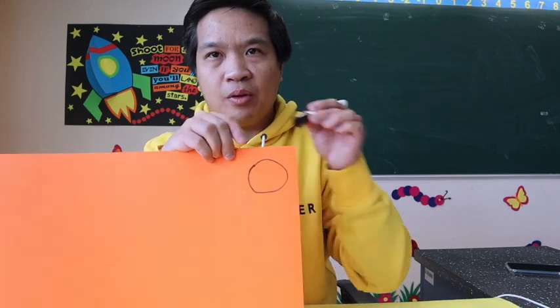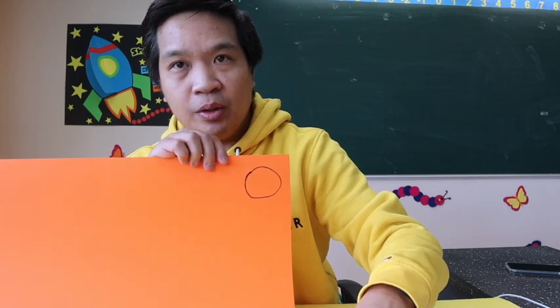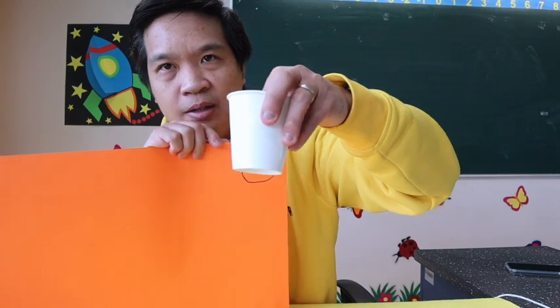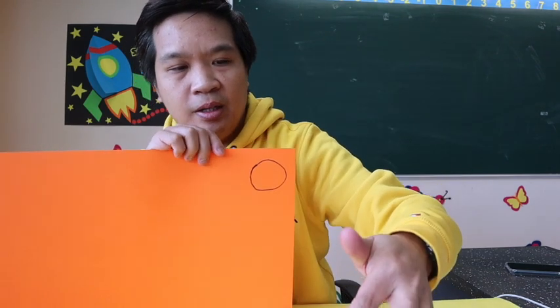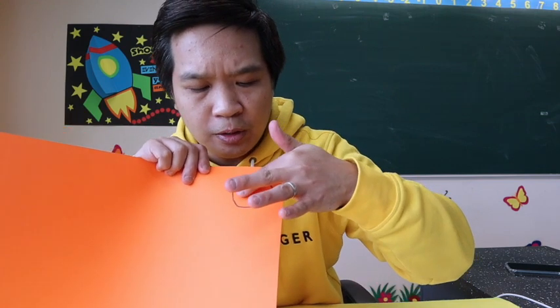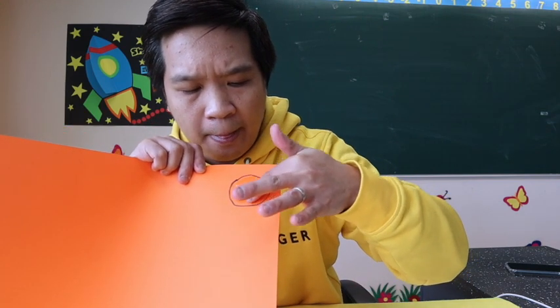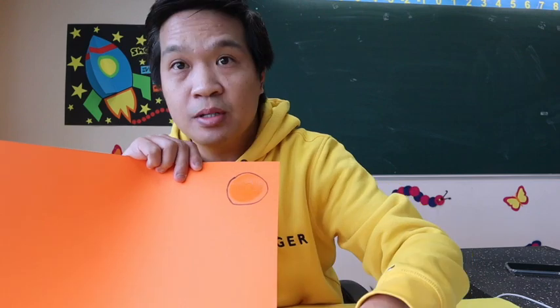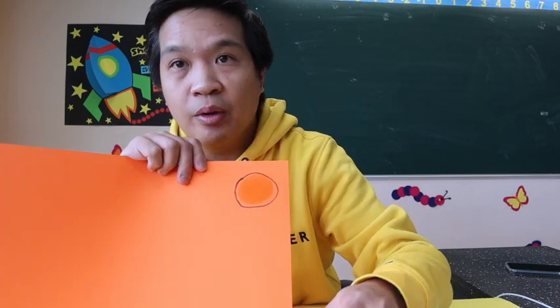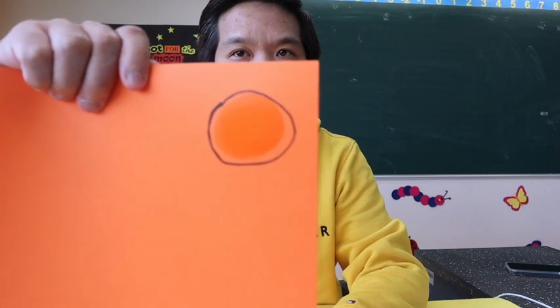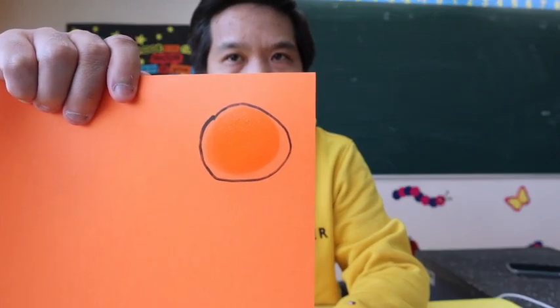And then you're going to dip your finger into the water like this. Any finger will do, okay? Make sure you have water. Then you're going to put the water in the middle. This, can you see that? Okay, and then we're going to leave this for a few minutes and watch what will happen.